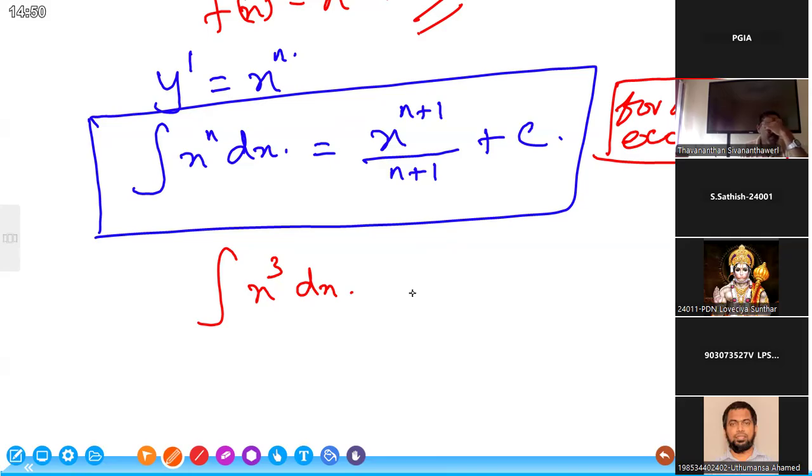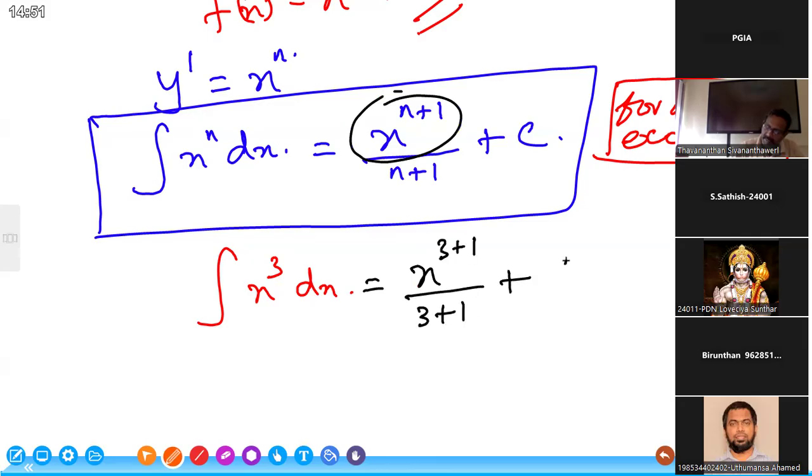We'll see some of the integration rules one by one. X to the power 4 divided by 4 plus C. So apply the rule: x to the power 3 plus 1 divided by 3 plus 1 plus c. So that is equal to x to the power 4 by 4 plus c.